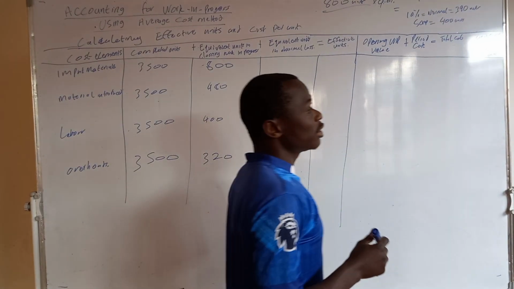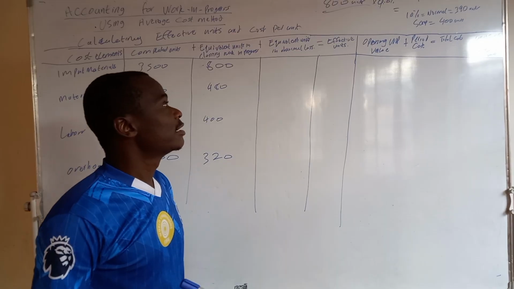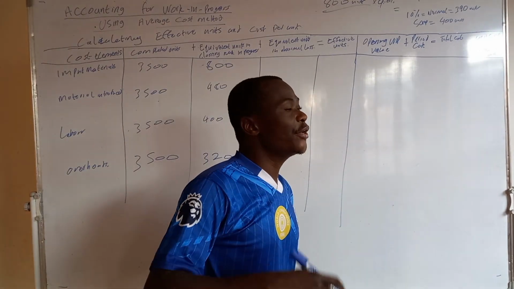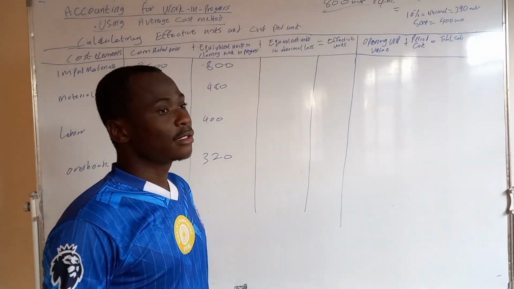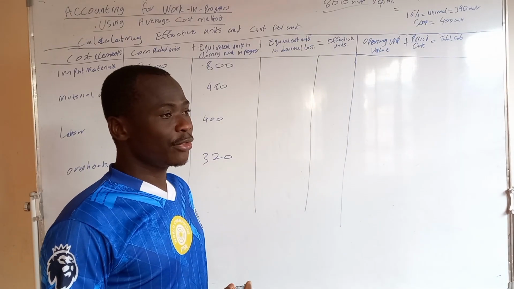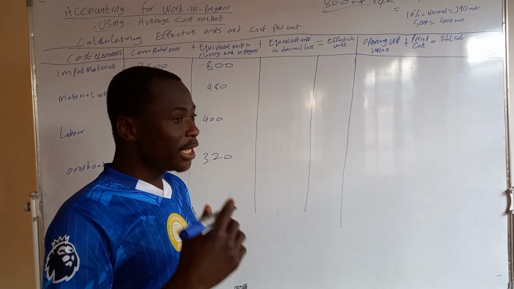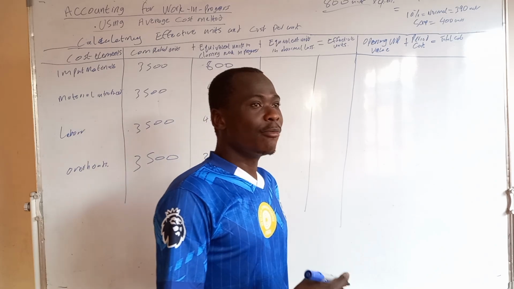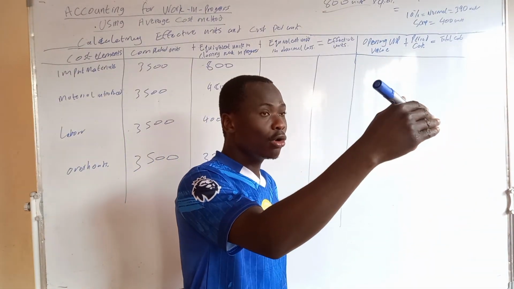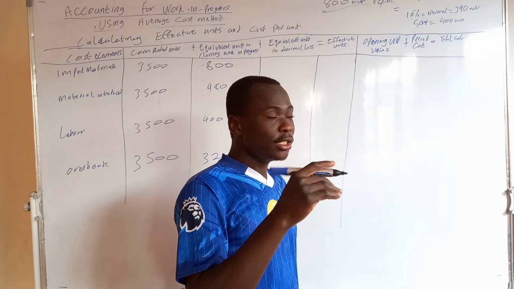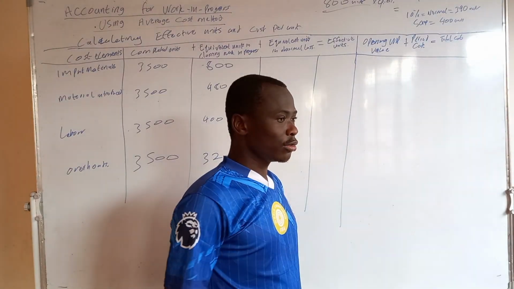So normal loss is the loss you expect to incur. Anything beyond that is just abnormal loss, something you didn't expect. Anything above normal loss is abnormal. We call it abnormal loss.